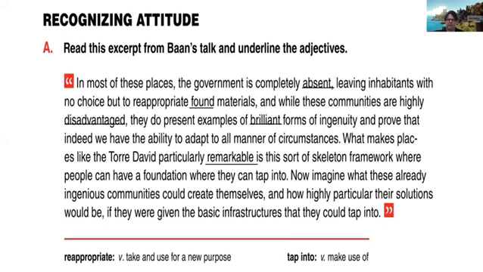Remarkable. So Torre David is remarkable, and it's actually very interesting, and that's going to be part of our reading. Ingenious. The communities are ingenious. Particular. Highly particular. And I believe there's one more. Yeah, I thought so. Basic.